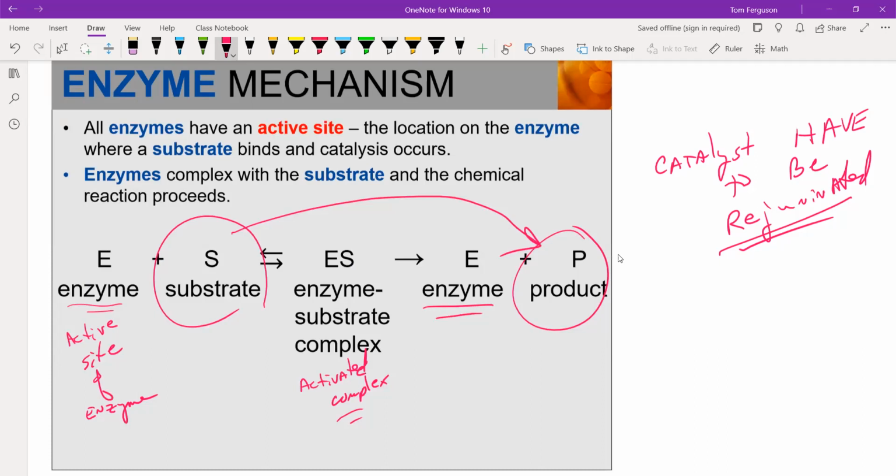So this enzyme here, enzyme E, is exactly the same as enzyme E over on the product side. If it's something else, then this reaction was not enzyme catalyzed. Now, it doesn't matter if it's an organic catalyst like an enzyme or an inorganic catalyst like platinum or magnesium or something like that.